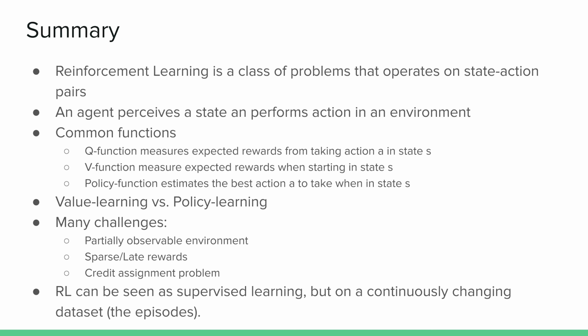The common functions that we want to learn are either the Q function, which measures the expected rewards from taking an action A in state S, the value function V, which measures the expected rewards from that state S and evaluates how good the state S is, or the policy function, which directly says what is the best action that you should take if you are in state S.